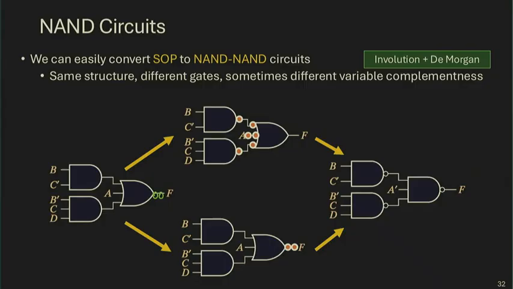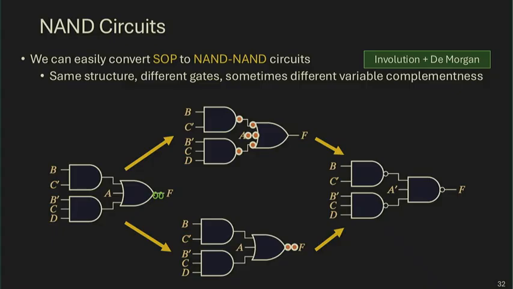Two bubbles through involution doesn't change your function, and then we push one of the bubbles backwards through this OR gate. So the gate becomes a NAND gate with three inverted inputs. One of the inverted inputs will be caught by this input variable to become an inverted input variable. The other two inverters can be propagated further upstream to connect with the previous gates, make those gates NAND gates. So now you have an equivalent NAND-only implementation of an SOP circuit.